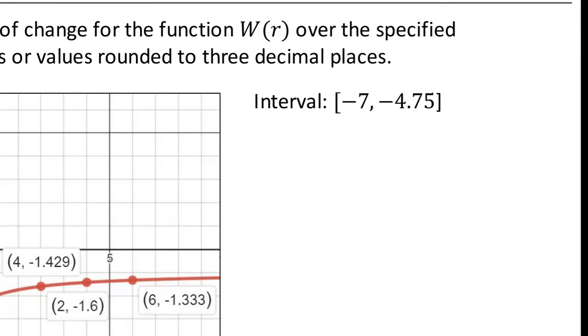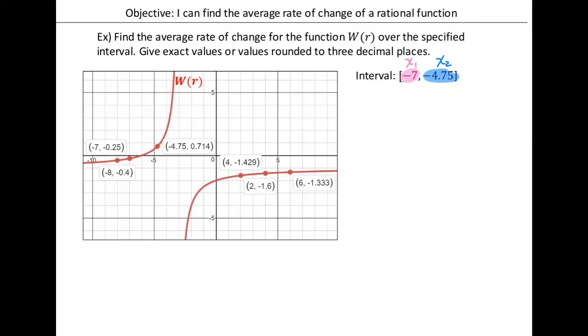All right, so again, the first value is your x1. So x1 is -7. And then the second value is your x2. So if you remember, on a graph, you have coordinate points, and the values are x, comma, y.